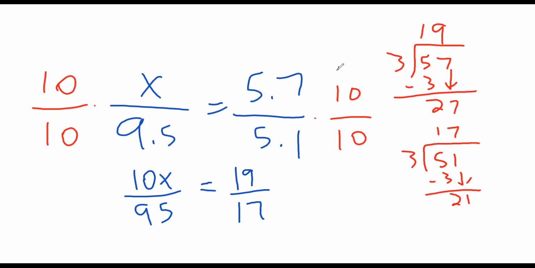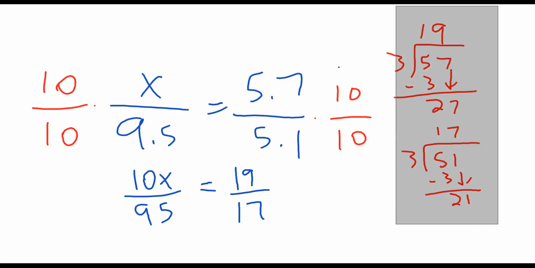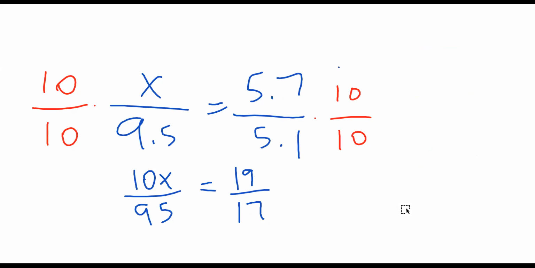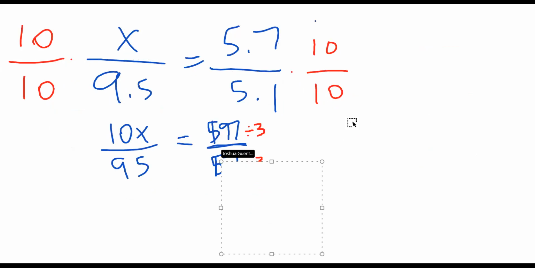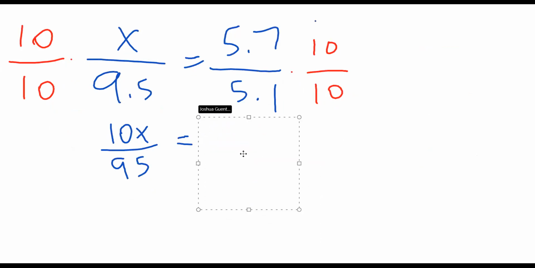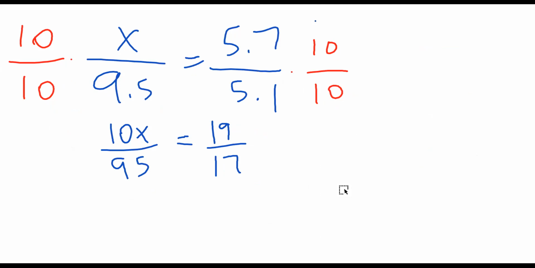But we still have a few things we have to do. We want to get x by itself. It's being divided by 95 at the moment, which isn't a whole lot of fun. We need to multiply both sides by 95. We're going to get rid of this 95 by multiplying both sides by it.